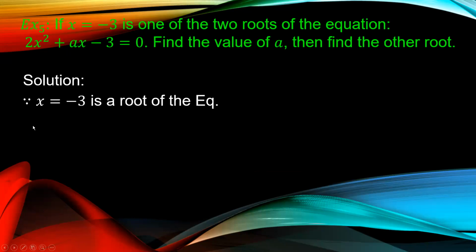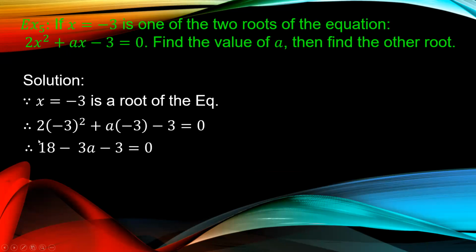Then 2 times negative 3 all power 2 plus a times negative 3 minus 3 equals 0, which is 18 minus 3a minus 3 equals 0. Then 15 minus 3a equals 0, then 3a equals 15 and a equals 5.